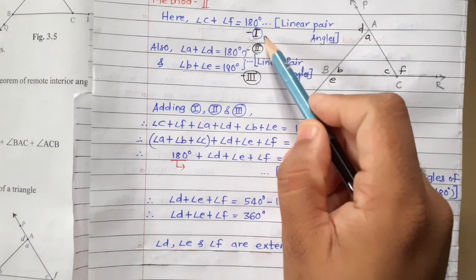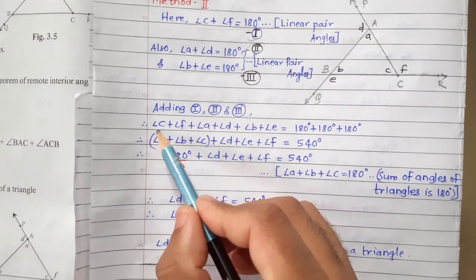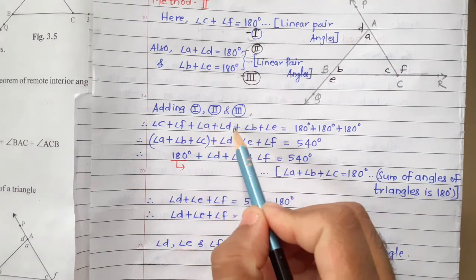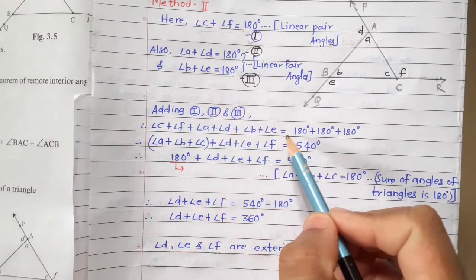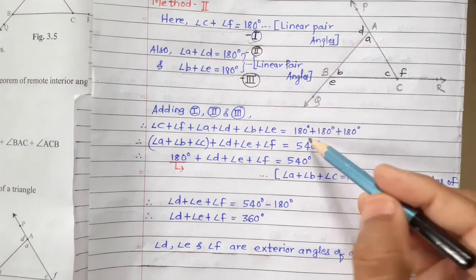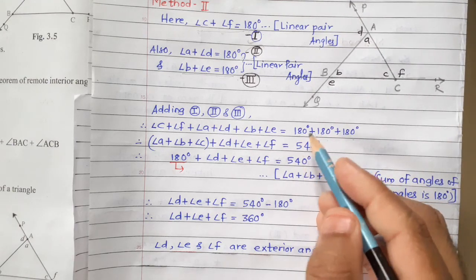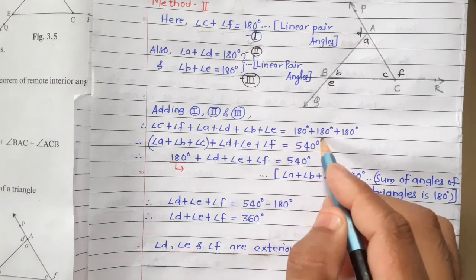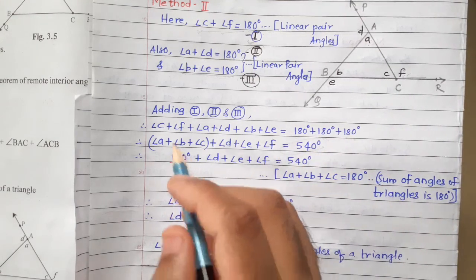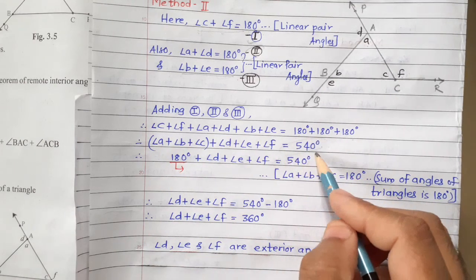Now adding equations first, second and third, we have angle C plus angle F plus angle A plus angle D plus angle B plus angle E is equal to 180 degrees plus 180 degrees plus 180 degrees. In the right hand side we have 180 degrees plus 180 degrees plus 180 degrees, which is equal to 540 degrees.